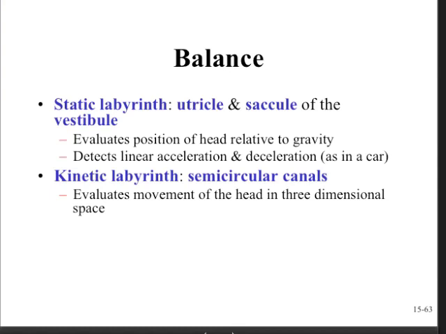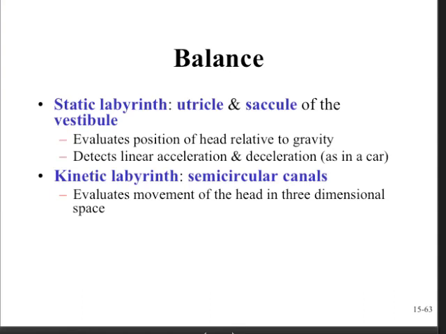So as you move left, right, up and down, or as you rotate, the fluid in the semicircular canals is going to move as you move your head, and that will report to the brain via the stereocilia, which in this case are embedded in a gelatinous cupula, which moves as fluid rushes past it, and that's what produces information about the orientation of the head with relation to gravity when it's moving in space.